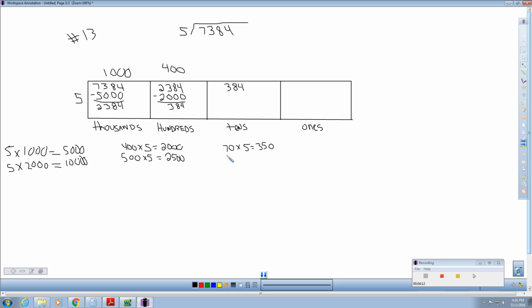Let's see if I can go bigger. I'm going to take 80 times 5, and that's 400. So 400 is too big, so I can't use 80, but I can use 70.